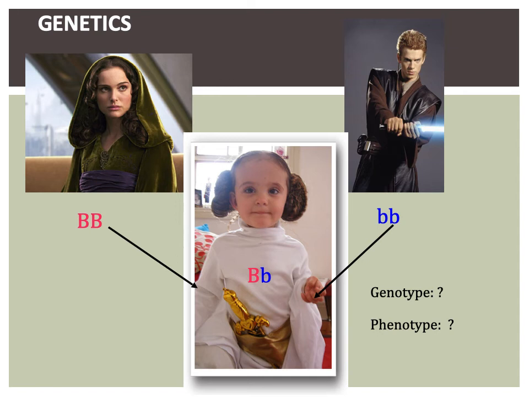And then in Anakin, I'm not exactly sure what color his eyes are, but let's say he has blue eyes. He has a gene for blue and another gene for blue. Therefore, he has blue eyes. So again, his genotype is little b, and his phenotype, his trait resulting from his genotype, is blue eyes.